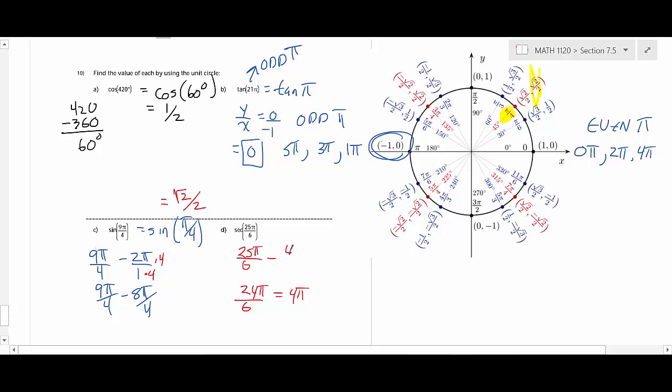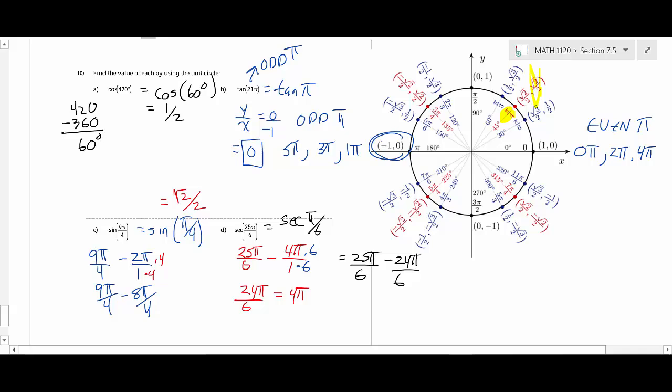So I'm going to subtract 4 pi to find a coterminal angle. I get a common denominator, so that's going to be 25 pi over 6 minus 24 pi over 6, which is pi over 6. So really what we need to work out is the secant of pi over 6.